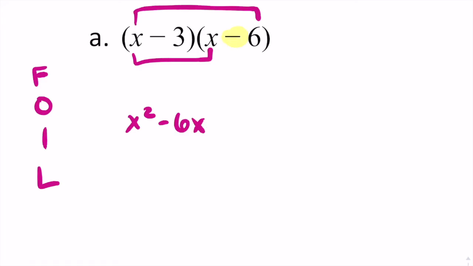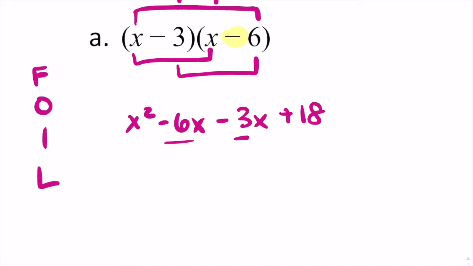Don't forget that the sign goes along with it. My inner terms are negative 3 and positive x, so that's minus 3x. And my last terms are negative 3 and negative 6, which is positive 18. You add these up, and you have x squared minus 9x plus 18 as your product.